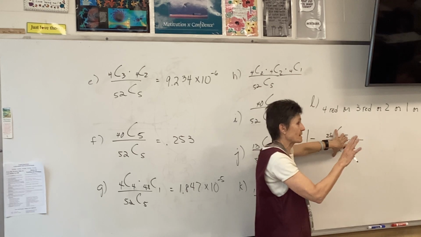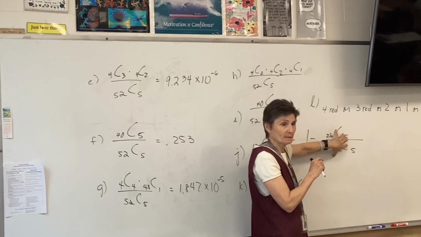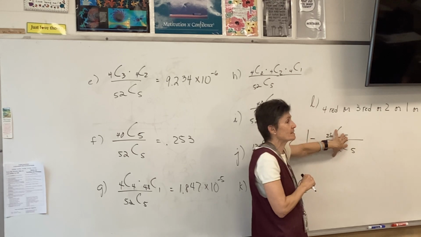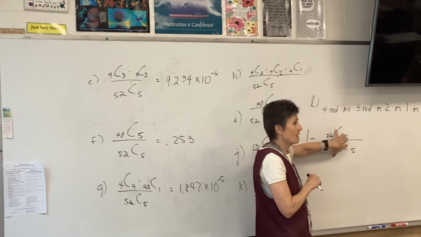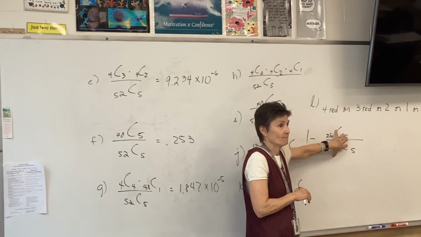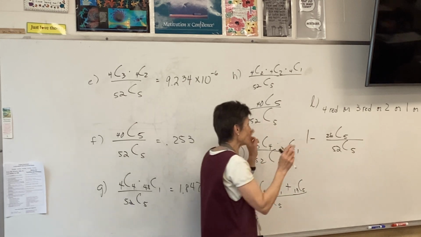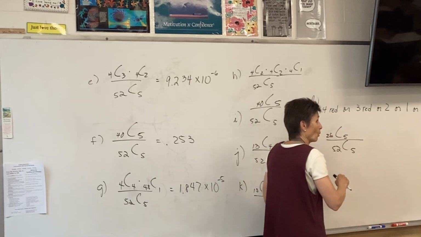I don't know what that is. Let's say it's 17%. If the probability of all red is 17%, then what's the probability of less than all red? 83. 1 minus, absolutely. So we kind of refer to this as going in through the back door.